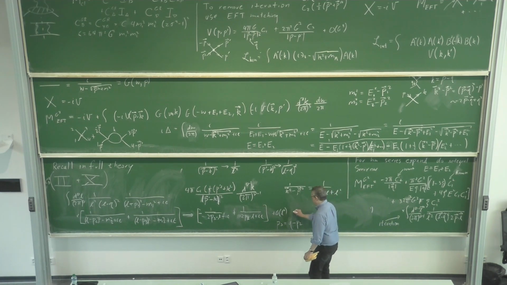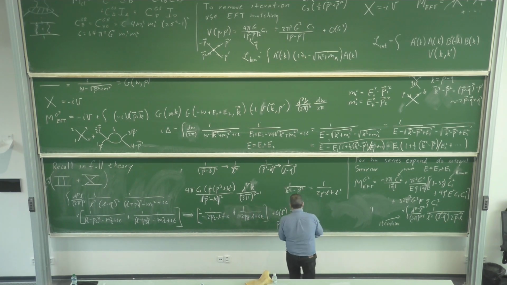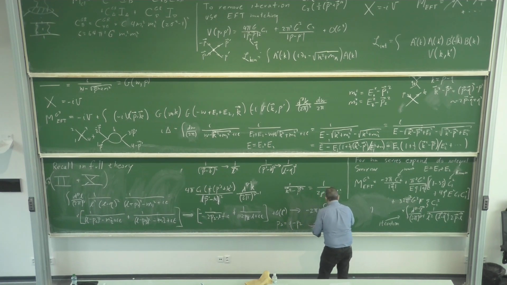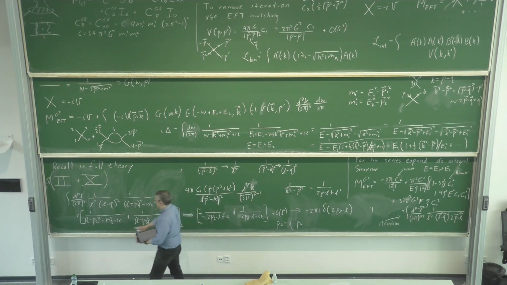This thing now goes to a delta function, minus 2 pi i delta of 2 P2 dot L. What is this? 2 P2 dot L, that's the matter propagator here.